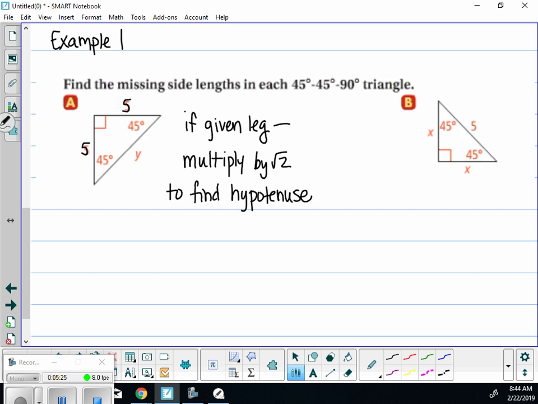So y is the hypotenuse. So to find y, we're just going to take our side length times the square root of 2.